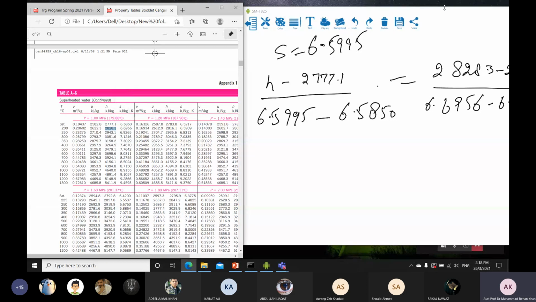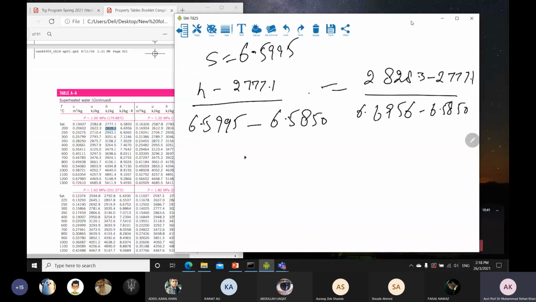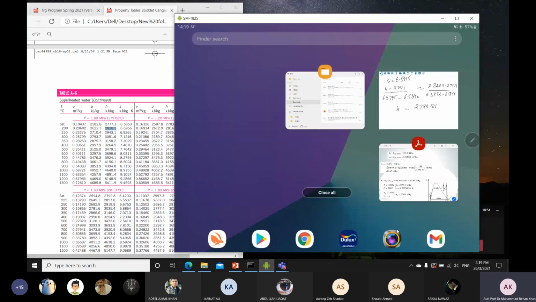Now you just have to solve this, and you can easily get your enthalpy value. Solving by calculator, H is equal to 2783.81. So this is your value of enthalpy at state number 4S.